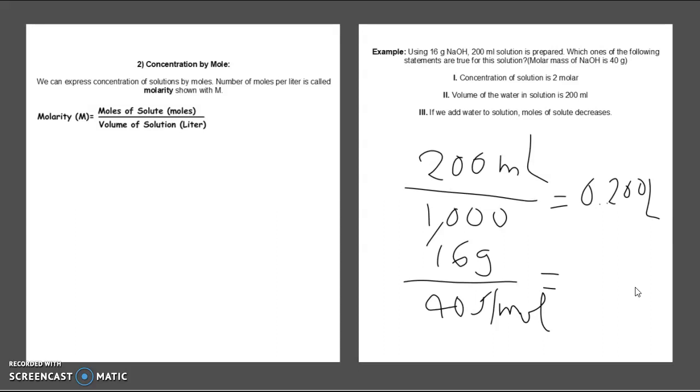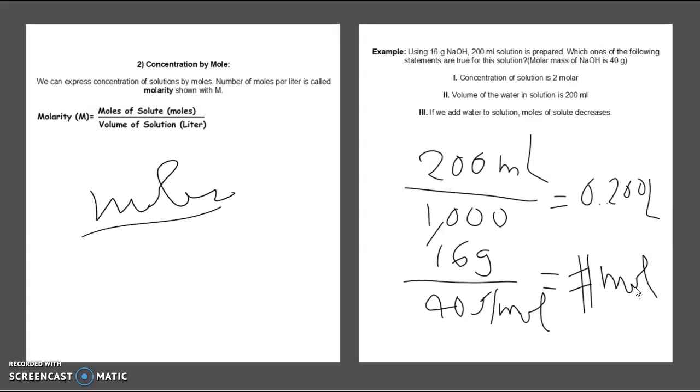In this case, dividing the 16 by 40 grams per mole, you get the number of moles. And then you divide moles by liters of solution and you get molarity. This is the way you are supposed to solve a problem like this.